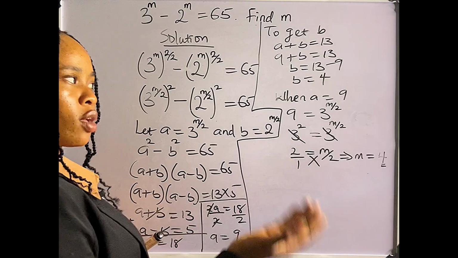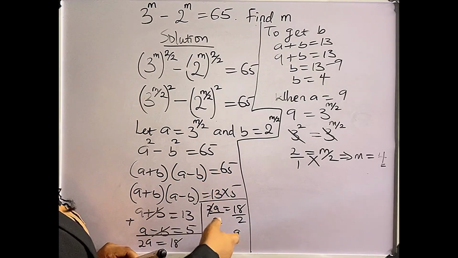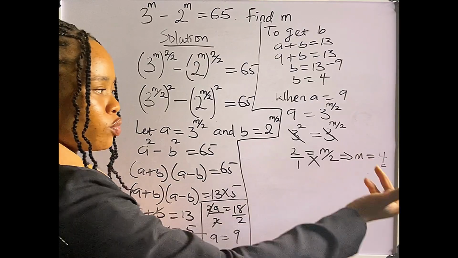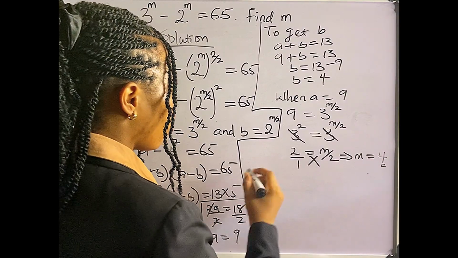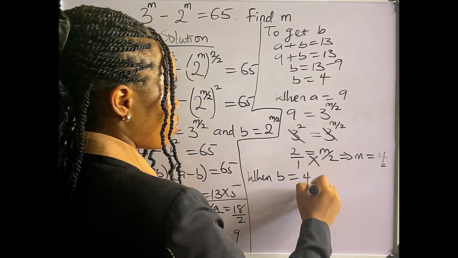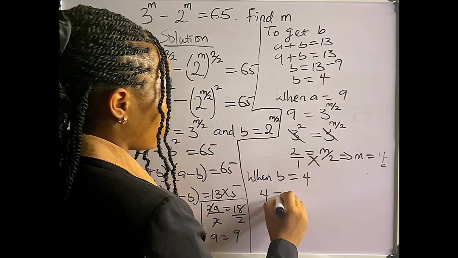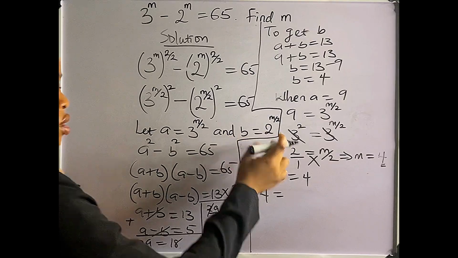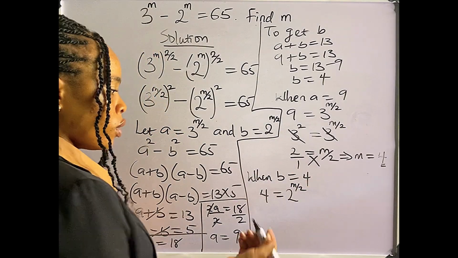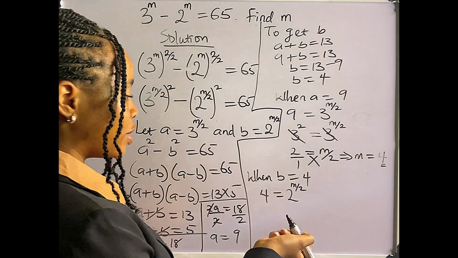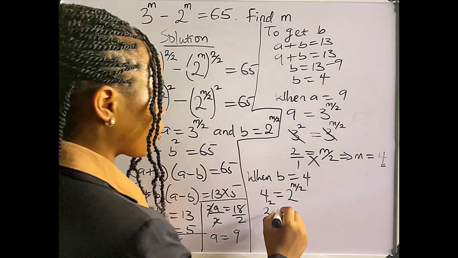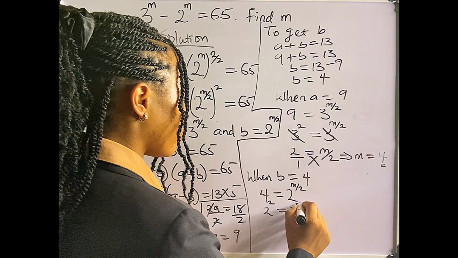Now let's check when b is 4 and see if we also get m to be 4. When b equals 4, we also have 4 equal to 2 raised to the power of m over 2. So 4 can be written as 2 raised to the power of 2, which is 4, equals 2 raised to the power of m over 2.